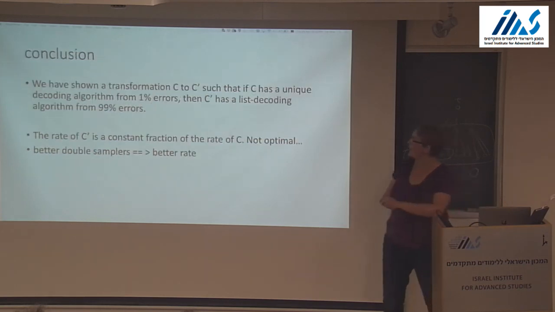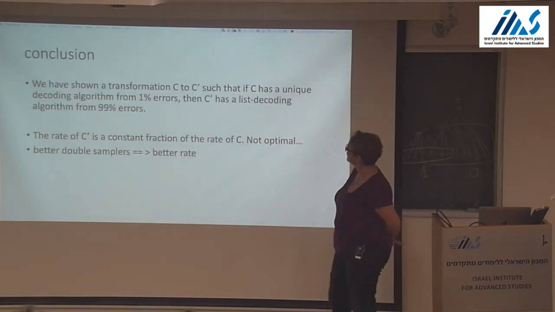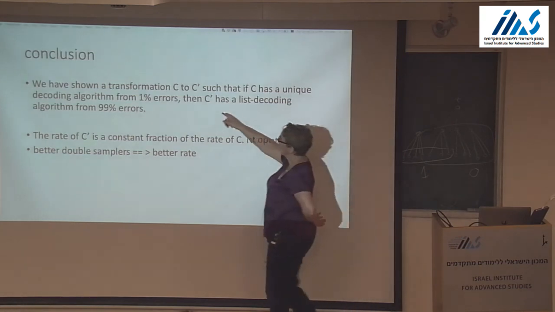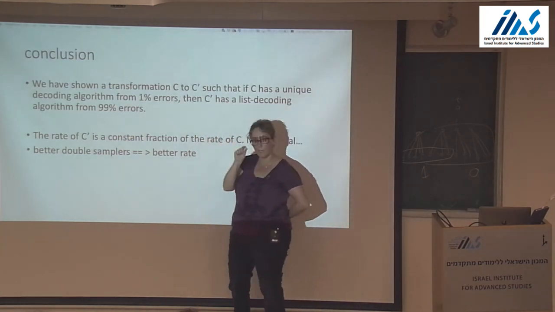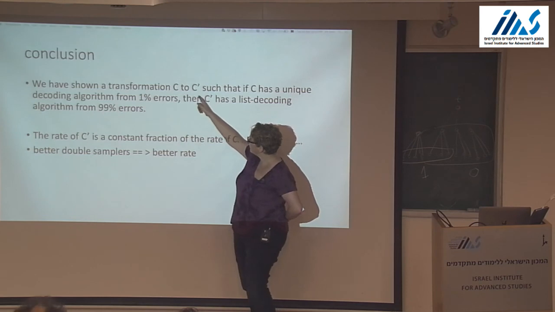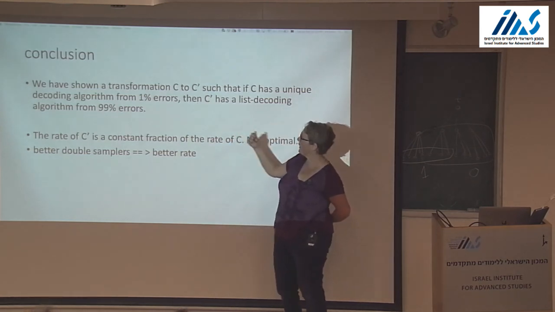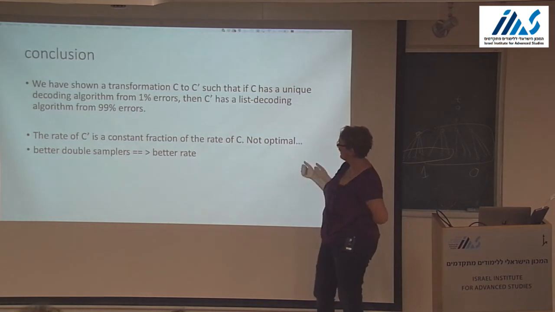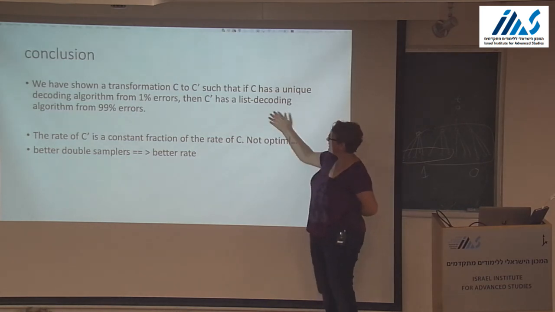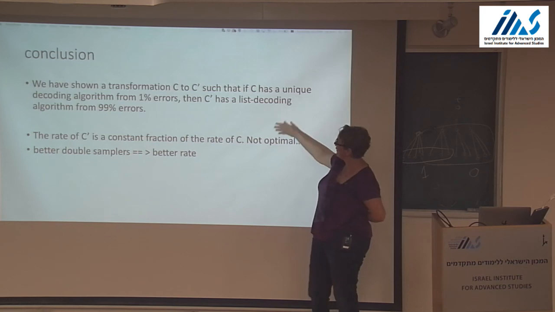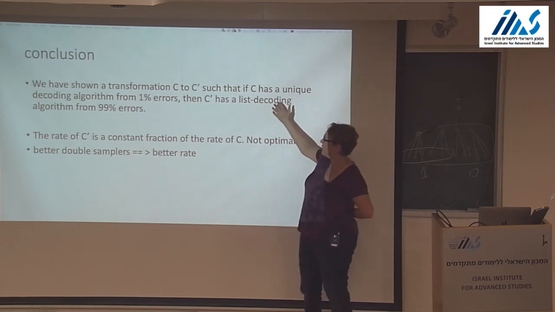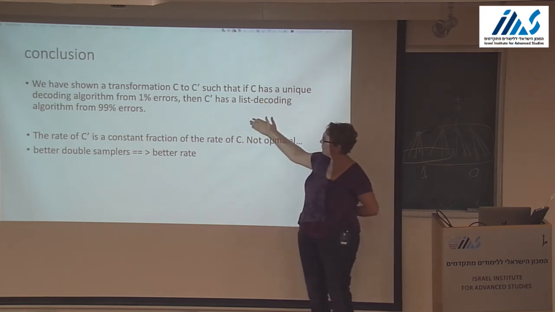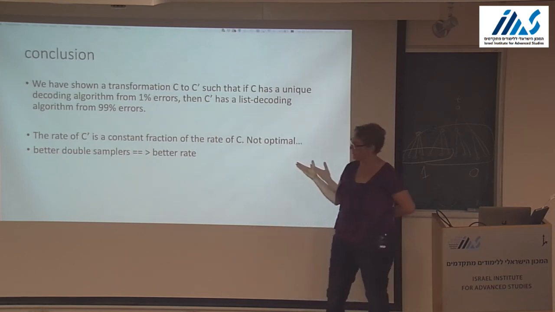Okay, so let's end. So what have we seen? We've seen a transformation from a code C that was decodable from 1% of errors to a code C prime that is now list decodable from 99% of errors. So that's nice, but it's not very exciting for coding theorists because we already know of list decodable codes that have much better parameters.